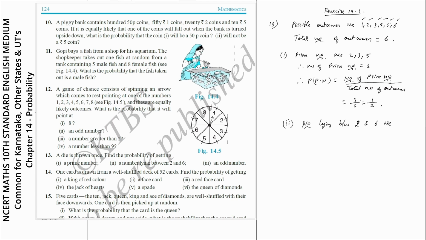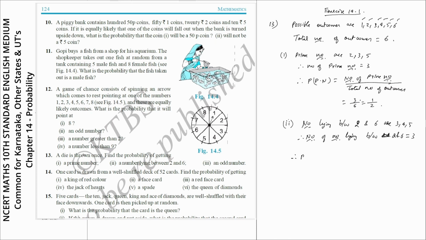Among the possible outcomes, the numbers lying between 2 and 6 are 3, 4 and 5. Therefore, the number of numbers lying between 2 and 6 is 3. There are 3 numbers which are lying between 2 and 6.